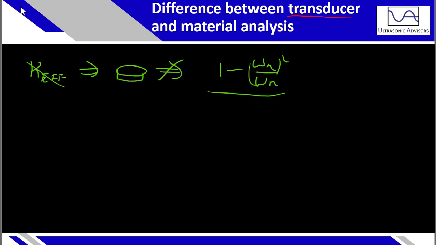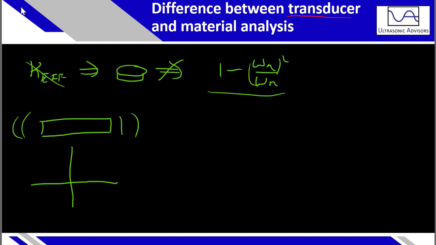The reason is because there is a stress distribution. So if you just take a piezoelectric bar, and I'll just draw it in 2D, and it's resonating, we have a stress distribution, and it's zero stress at the boundaries.